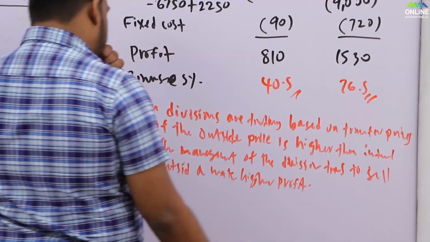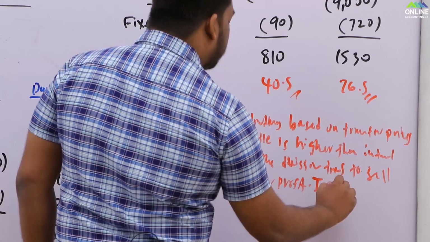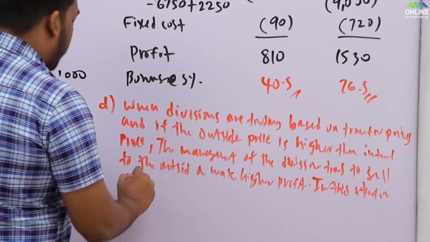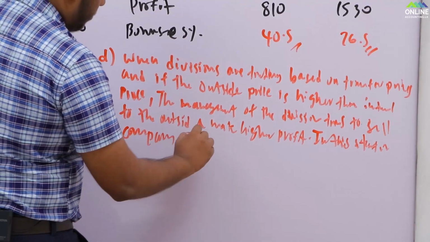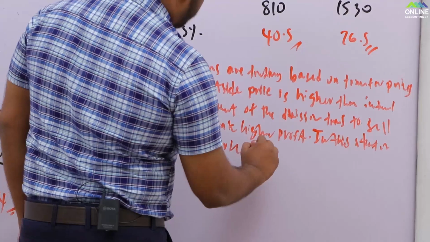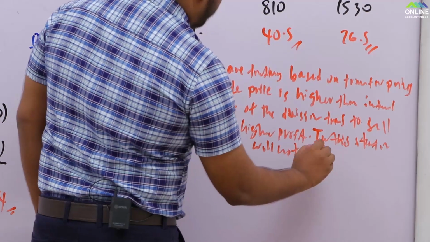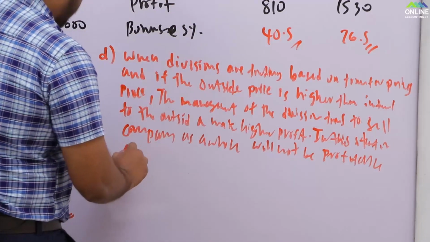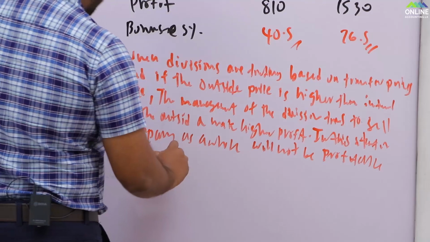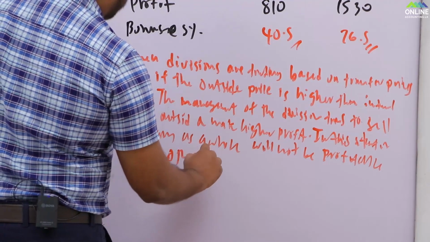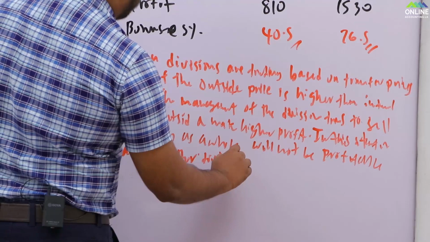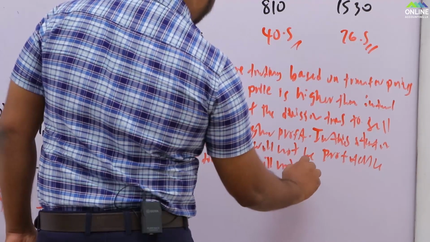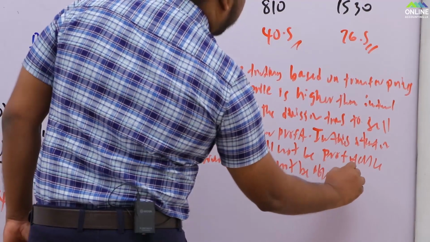So what will happen in this situation? The company as a whole will not be profitable, as the other division will not be able to continue.